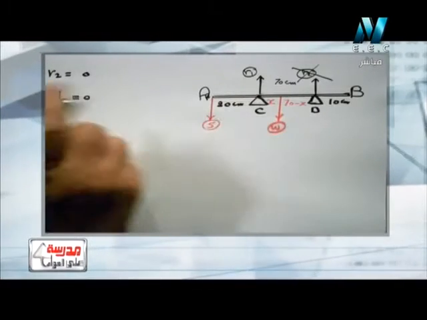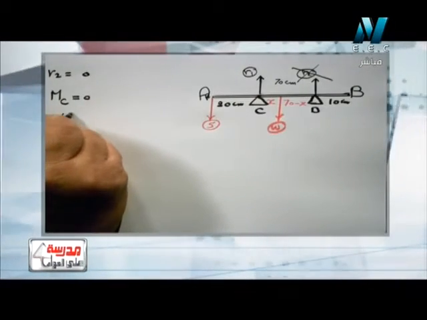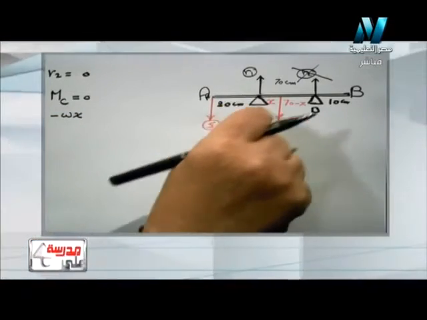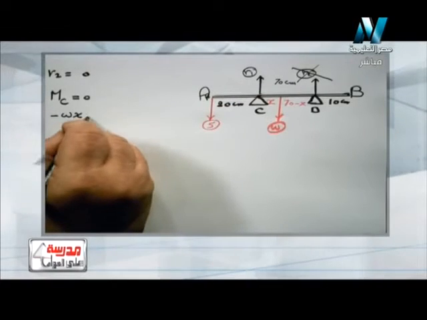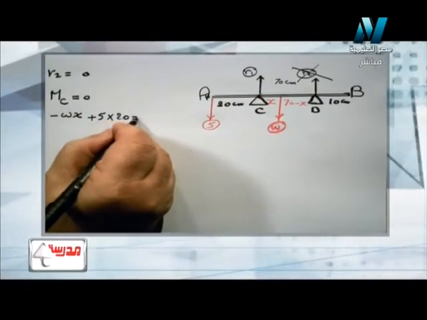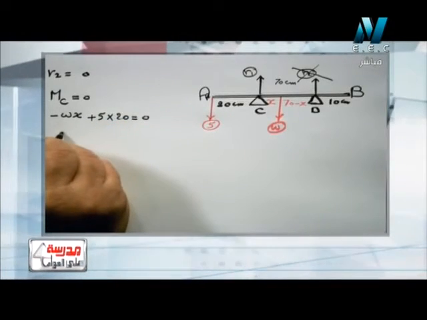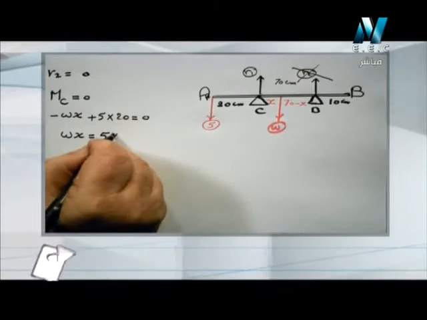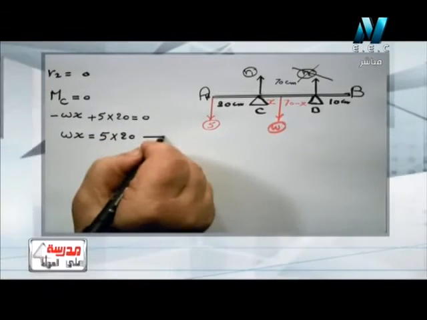W multiply X and 5 positive, anti-clockwise, multiply 20. 5 multiply 20 equals 0. يبقى therefore Wx equal 5 multiply 20, and this is equation number 1.